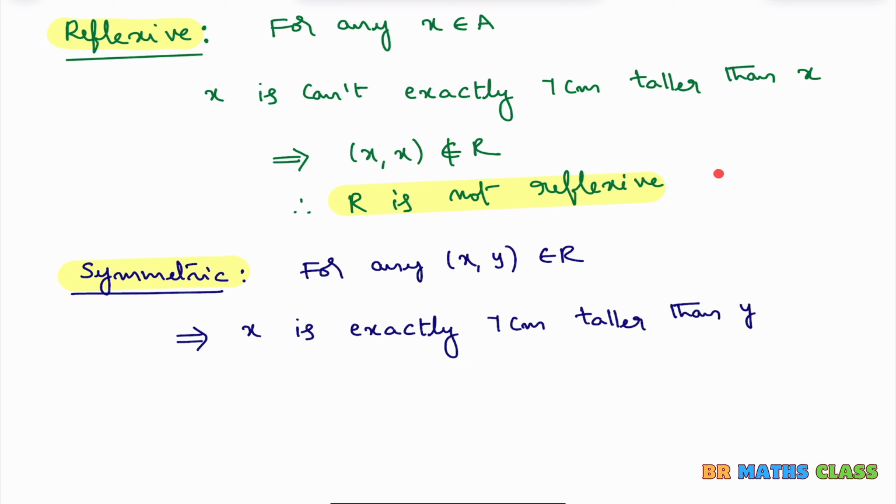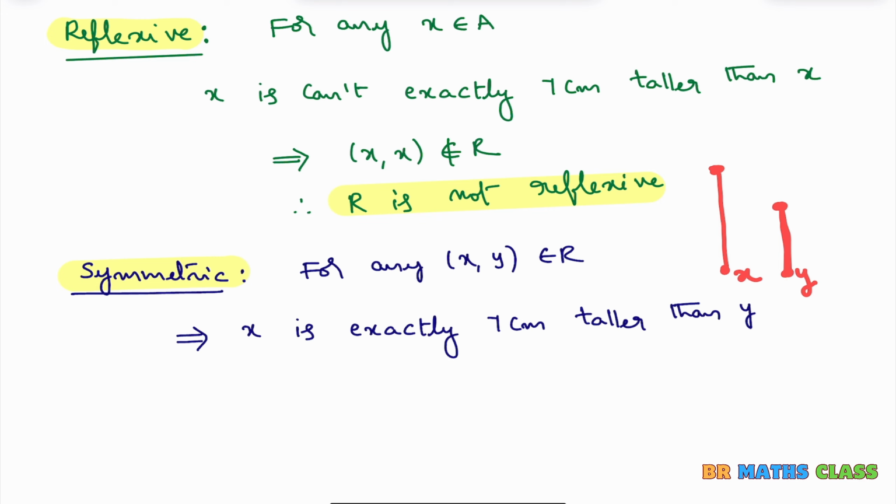Suppose you observe here, this is x, this is y. Suppose that x is exactly 7 centimeters taller than y. Is y also exactly 7 centimeters taller than x? No, actually y is exactly 7 centimeters shorter than x.